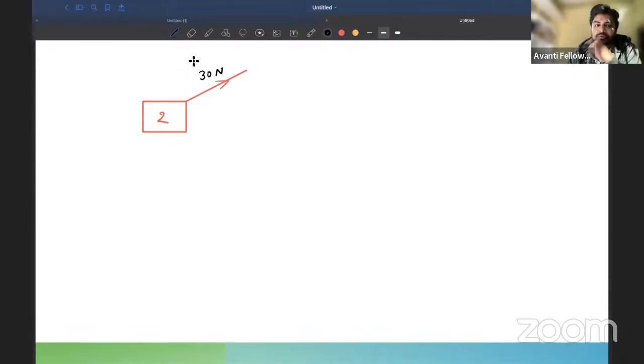If I break the components of this 30 newtons, I can write one component will be here, and this angle is of course 37 degrees. So I can write this as angle के साथ component is 30 cos 37. 30 into cos 37 is 4 by 5, 24 newtons.